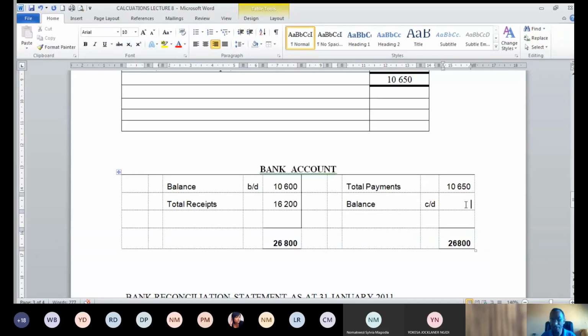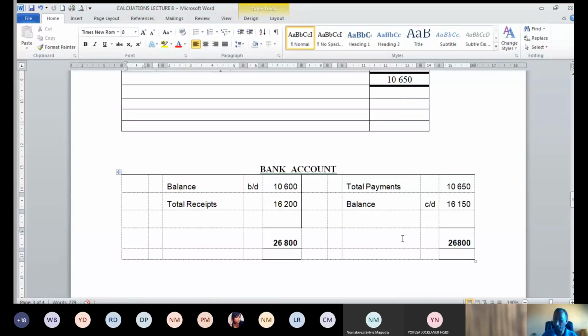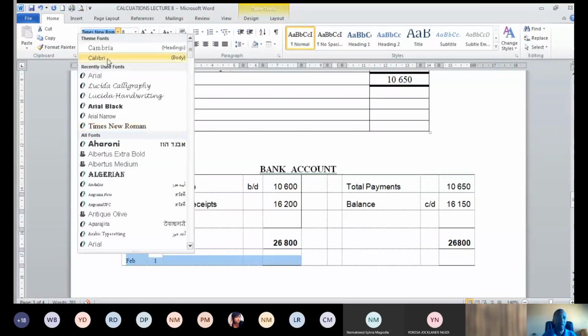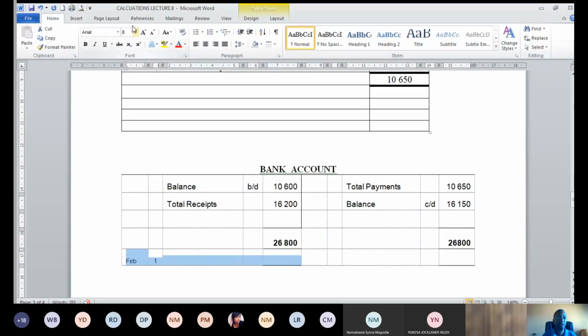And the difference between the debit side and the credit side, guys, is an amount of 16,150. Bring down the new balance. On the 1st of February, guys, you've got a new balance.